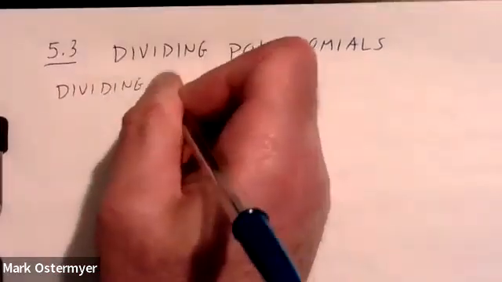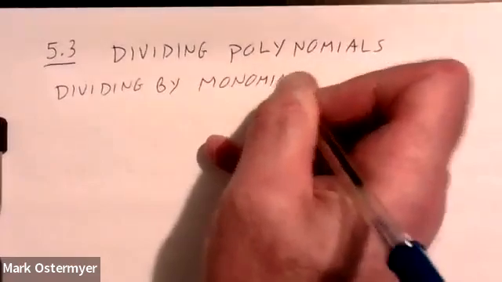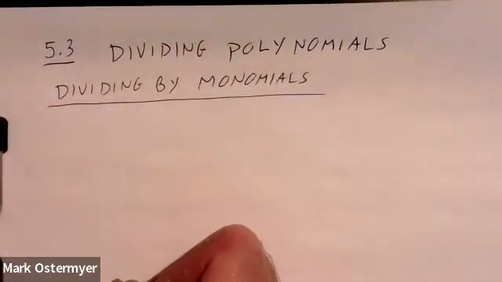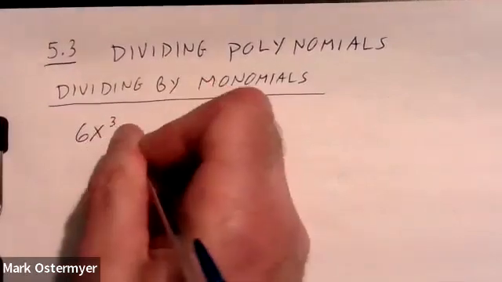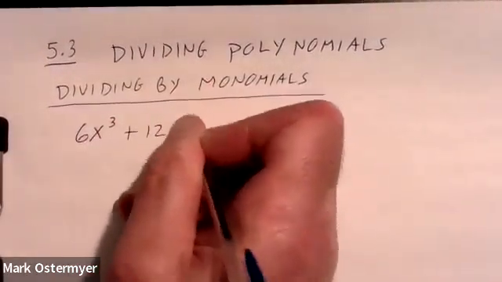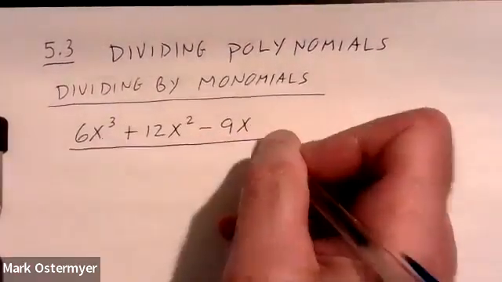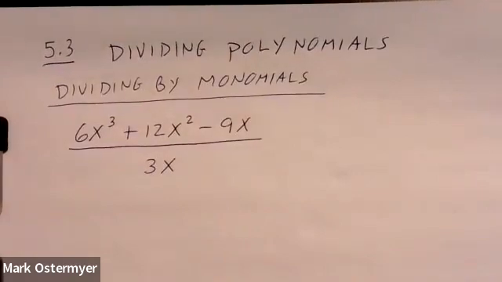Dividing by monomials. 6x cubed, so I'm going to try to take this trinomial and divide it by this monomial.